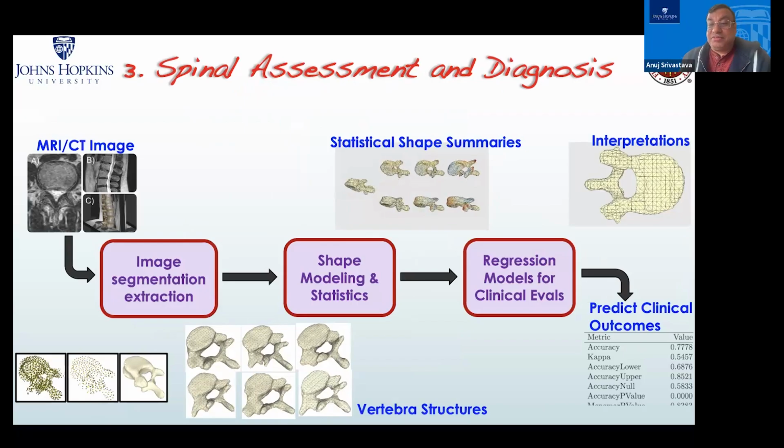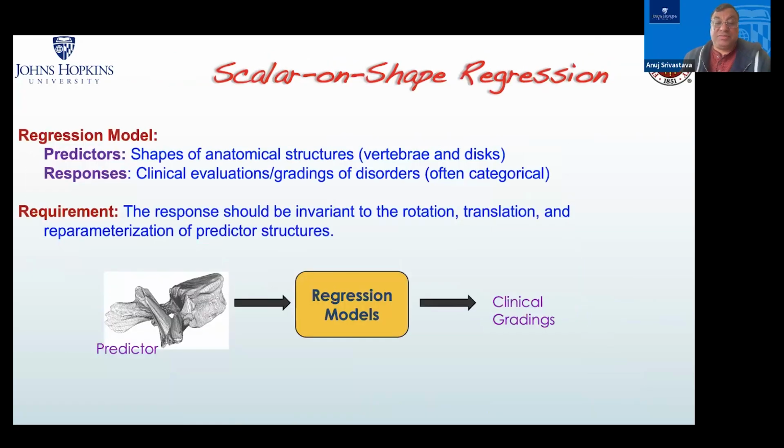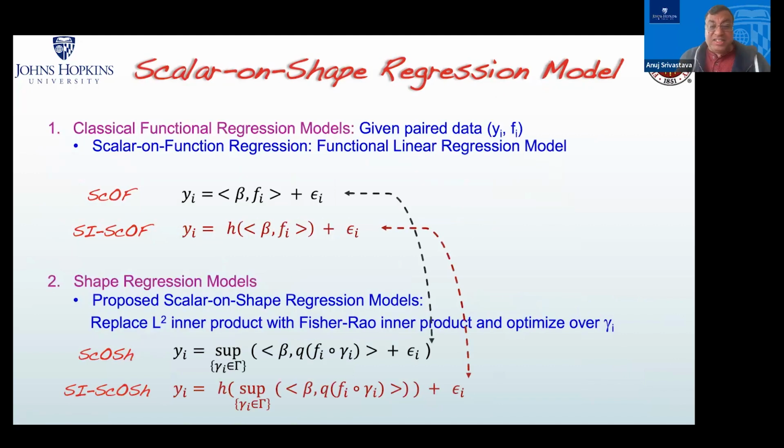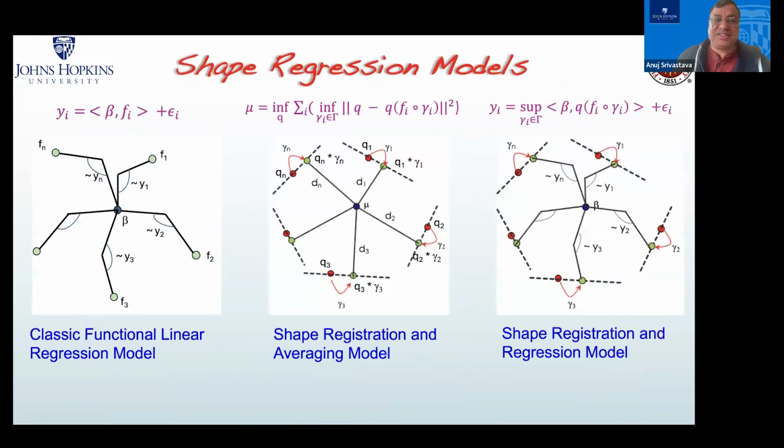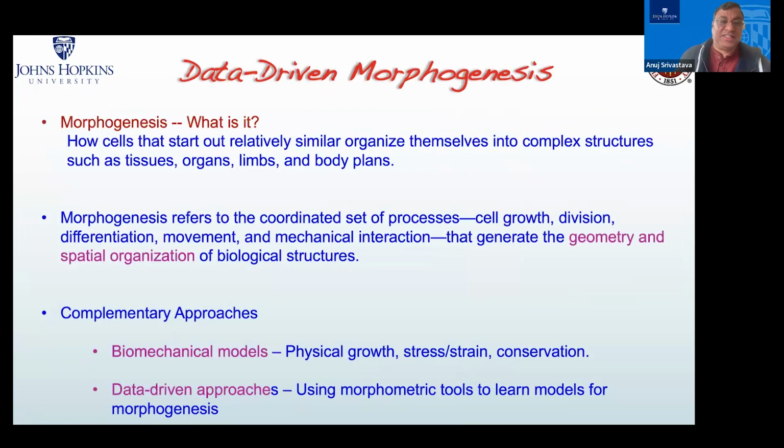And we are beginning to work on doing shape PCA to extract essential variability and feed it into regression models. So these vertebra would go in and we'll try to predict the gradings. Okay. There are one or two more slides about actual regression models, but that's not so important. I think from a statistics point of view it might be important, but not here.